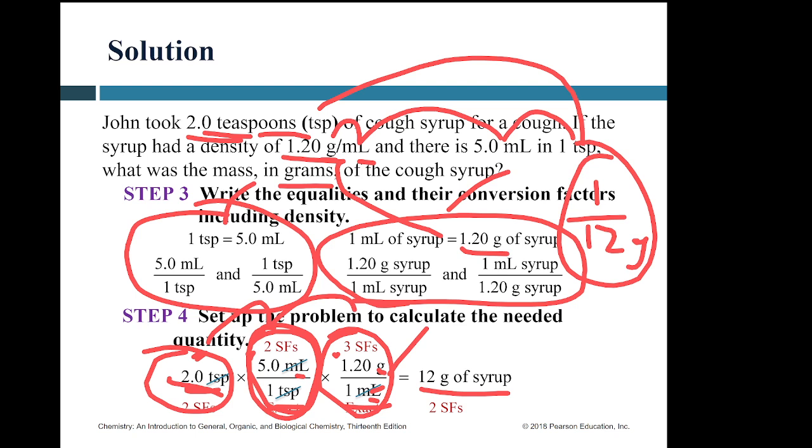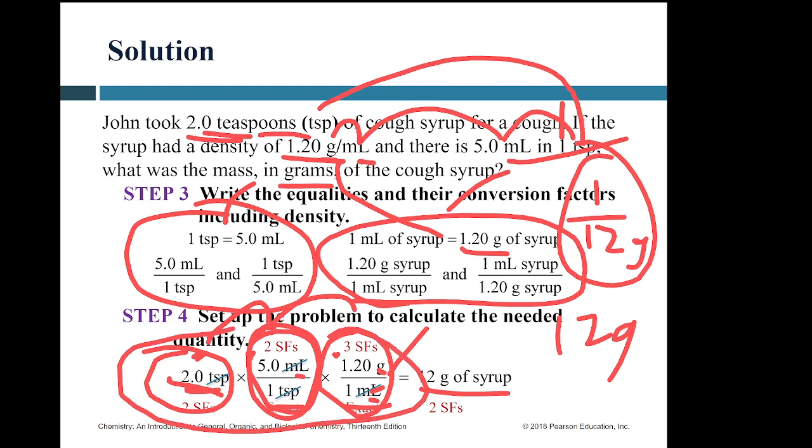Anybody know how to fix that, by the way? Yeah. All you gotta do is just take 1 divided by that number. So if I go like that, that will flip that over. Alternatively, I can just flip my entire equation.